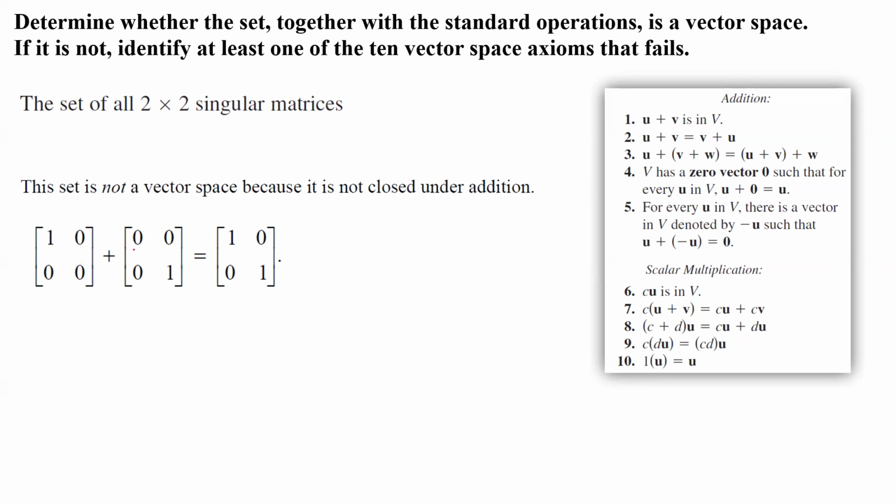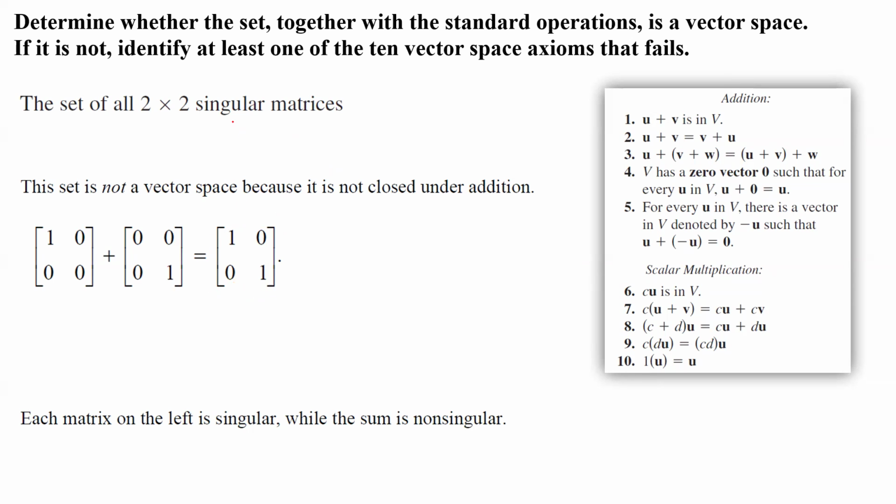The second matrix is a singular matrix. The determinant is equal to 0. But if I add them together, I end up with the identity matrix, which is non-singular. So you're adding two singular matrices, but this new vector is not a singular matrix.